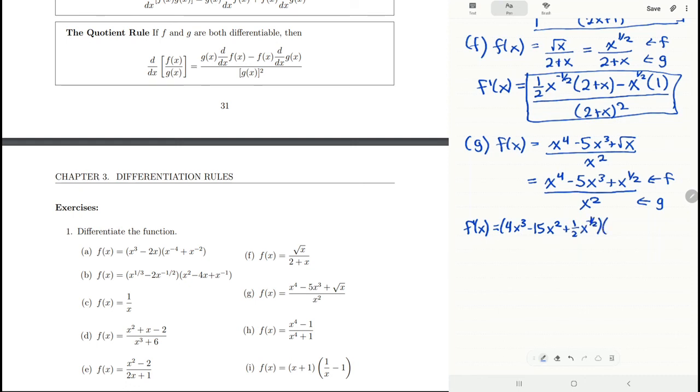This is multiplied by g, which is x squared. And then we subtract f, which is x to the 4 minus 5x cubed plus x to the 1/2, and this is multiplied by the derivative of g, which is 2x. This is all divided by the denominator squared, so that is x squared squared.